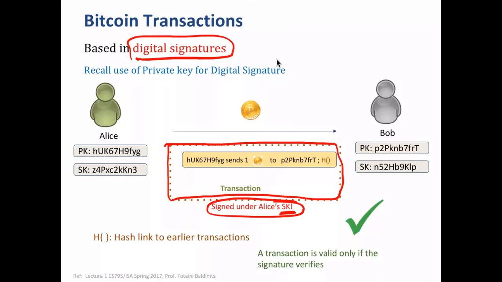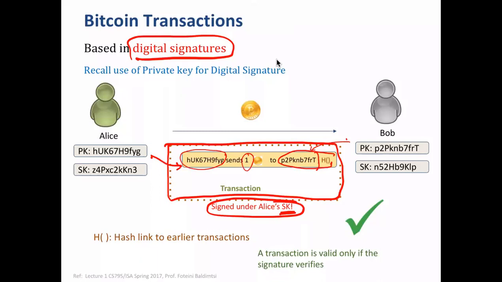The transaction will have Alice's ID, which is nothing but her public key, and Bob's ID, which is Bob's public key, and the amount, how many bitcoins she is sending.